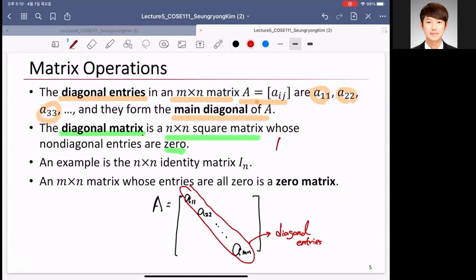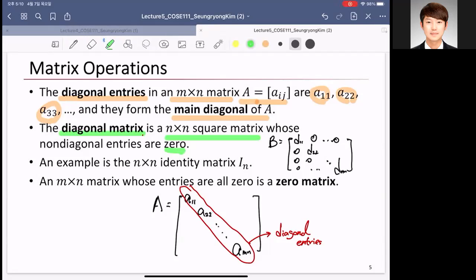Let's suppose that our matrix B is a diagonal matrix, defined like D11, D22, up to Dnn, while the non-diagonal terms are 0, like this. In this case, matrix B is called a diagonal matrix.